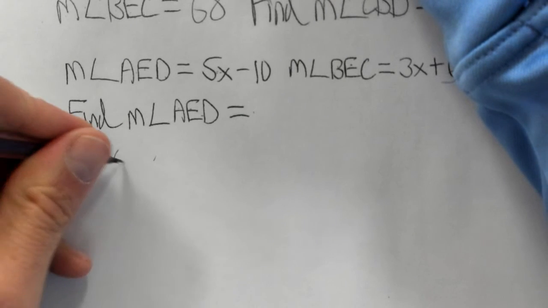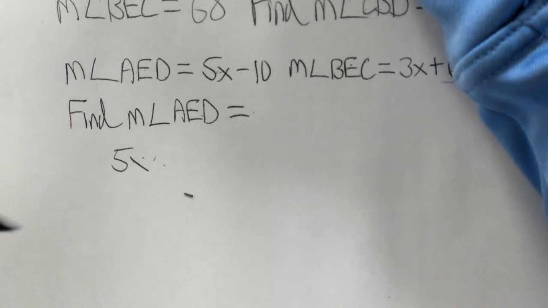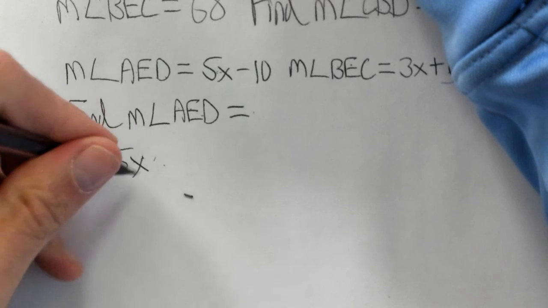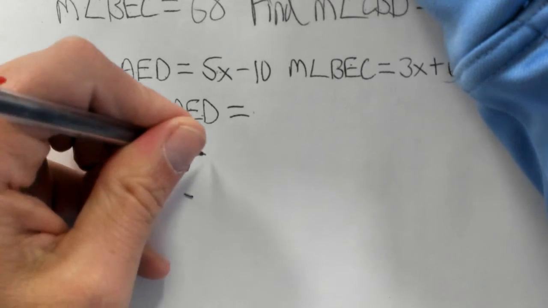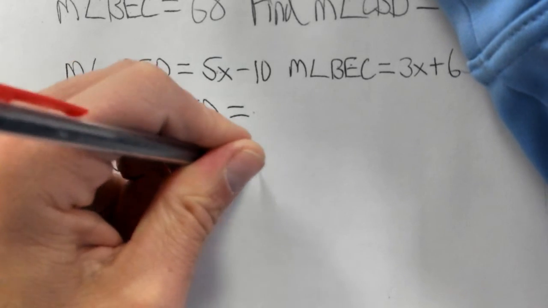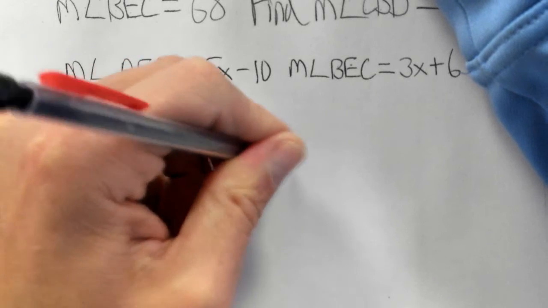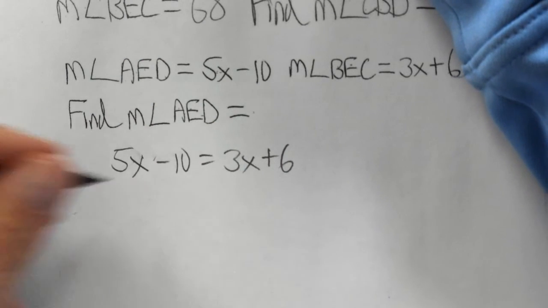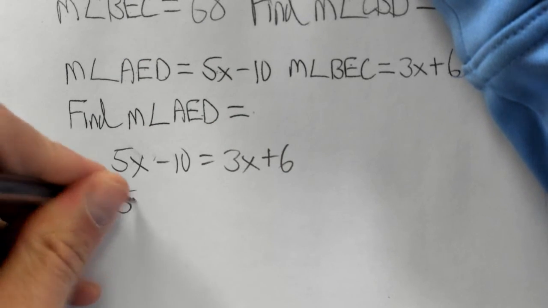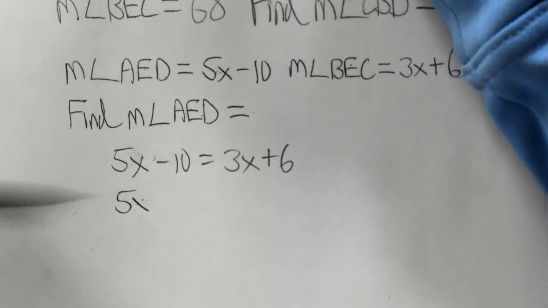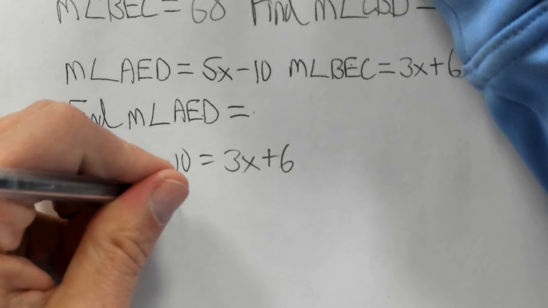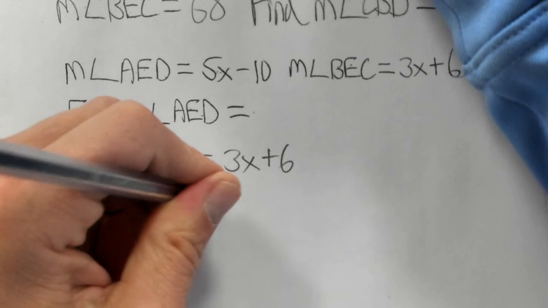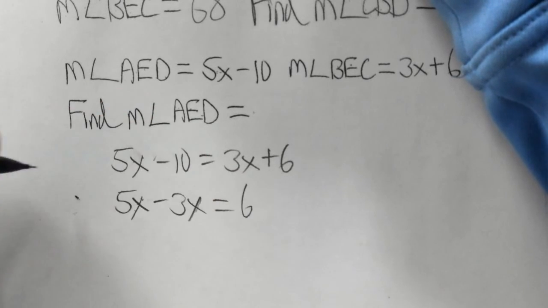So my equation here is going to be 5x minus 10 equals 3x plus 6. Okay, so I need all the x's on one side, regular numbers on the other. 5x minus 3x, because remember when it goes to the other side it'll change sign. The 6 is staying put.